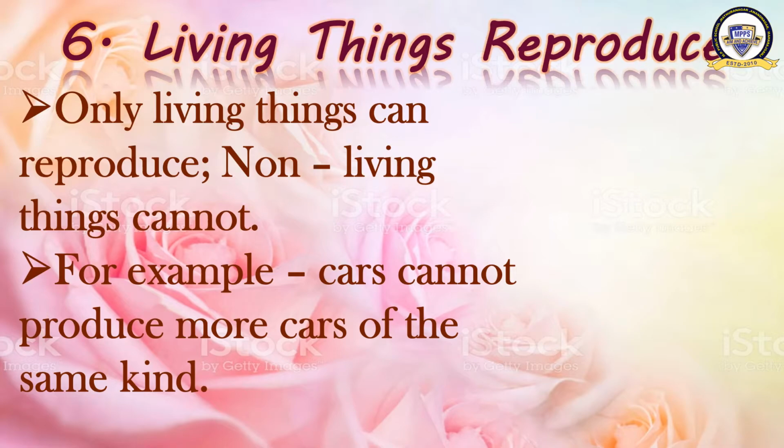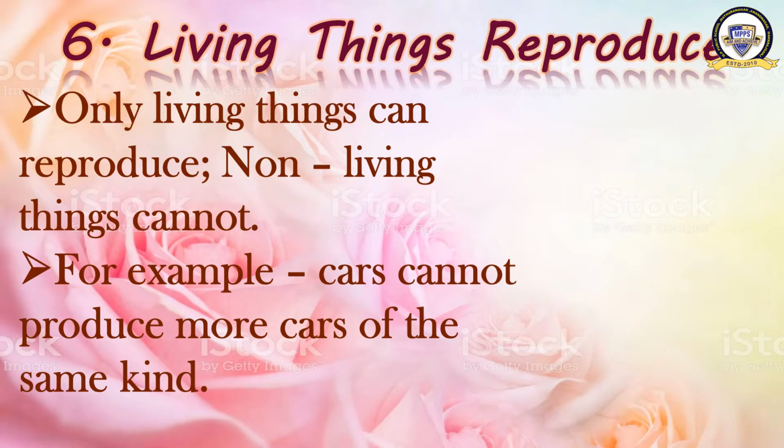For example, cars cannot produce more cars of the same kind. If you bring a car or two cars at your home, will it be three after some time? No. But if you bring one or two dogs at your home, it may produce its own kind. It means that only living things can reproduce.